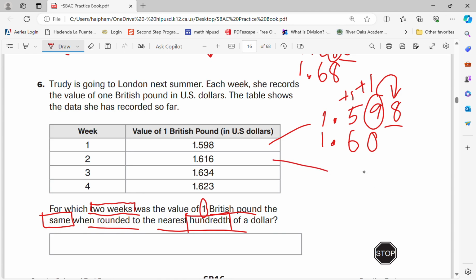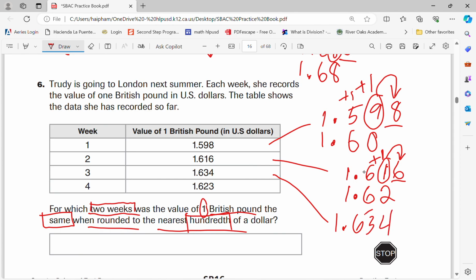Looking at week 2, we have 1.616. Again, circle your hundredths place, underline the neighbor. 5 or more, add 1 more. 6 is a bully, so we need to add 1 here, which gives me 1.62. And let's look at week 3 here. We have 1.634. Circle your hundredths place, underline the neighbor. 4 or less, let it rest.